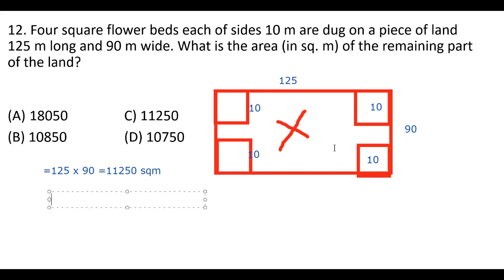So to get the remaining part, we subtract the area of all the flower beds from the total. So that is going to be 11,250 minus 400. And our answer is going to be 10,850 square meter. So that is going to be our option B.